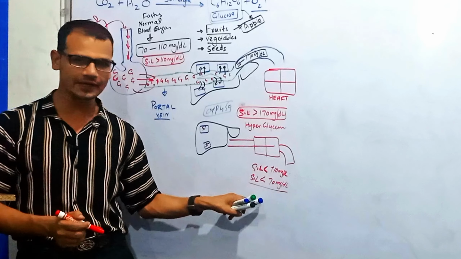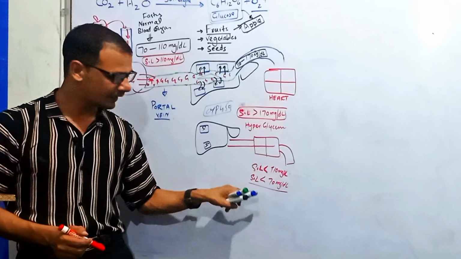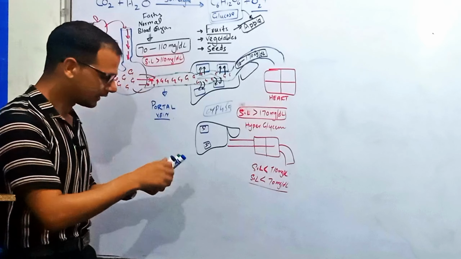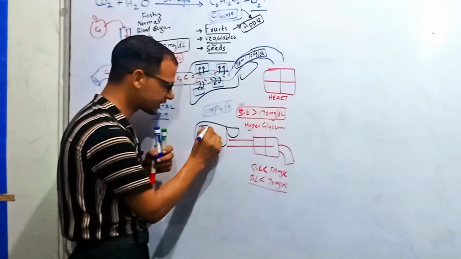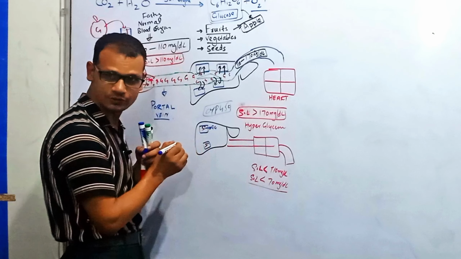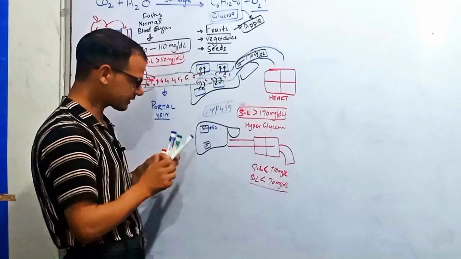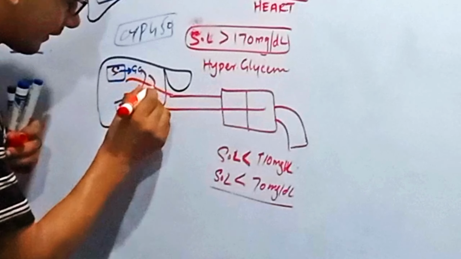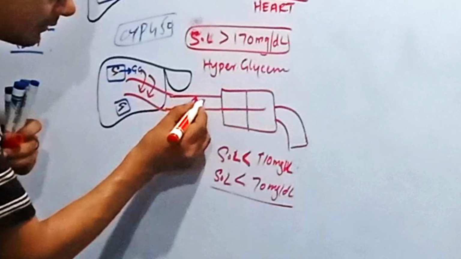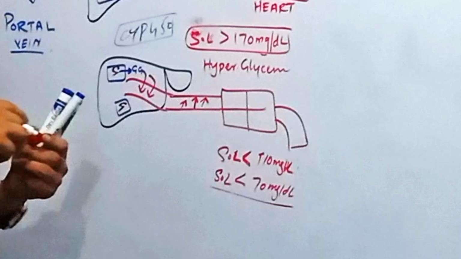This condition is called hypoglycemia, and in this condition this hepatocyte will convert the glycogen into glucose and will give this glucose into the blood, so the sugar level will increase here.